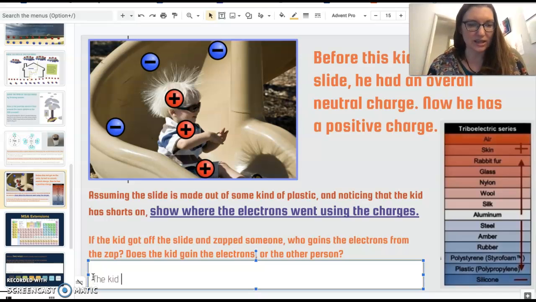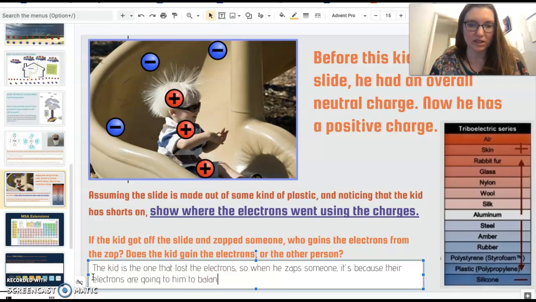The kid is the one that lost the electrons, so when he zaps someone, it's because their electrons are going to him to balance his charges.